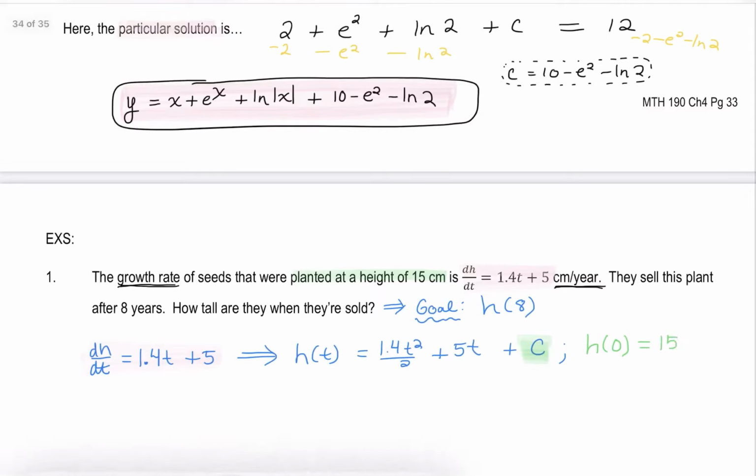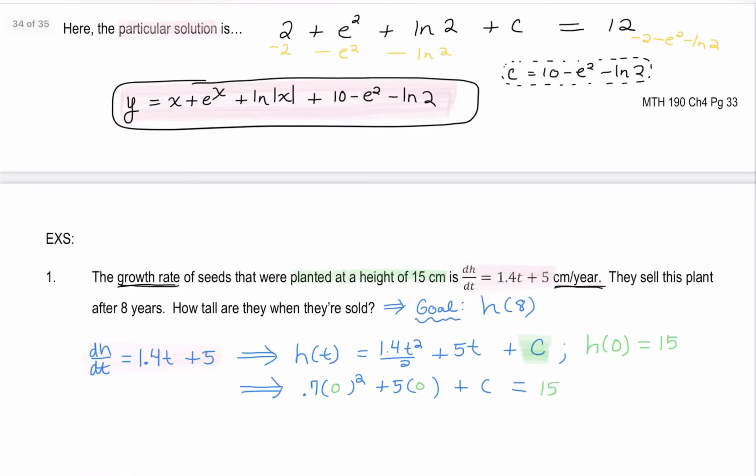And so I can sub in, of course, the 1.4 divided by 2 is just 0.7, I can sub in 0 for t, and then solve and set that equal to 15.